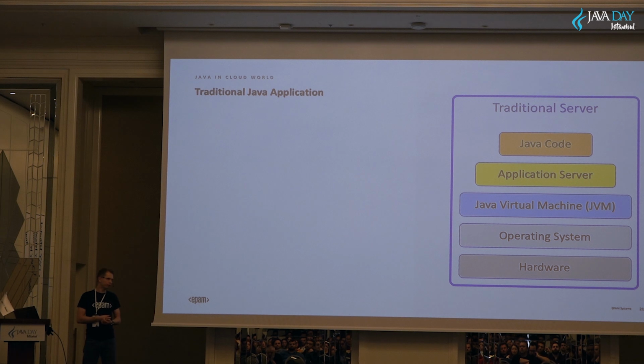It was, as you remember, a data center where we deployed our server. It was a big server. Into this server we installed our JVM, we installed our application server, for example, Tomcat or something else, and we deployed our Java application. And it could be not a single application, it could be multiple applications.